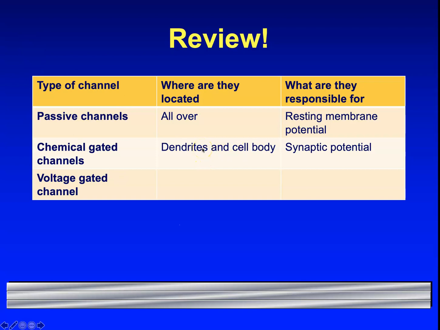Because if you think about it, a chemical, a neurotransmitter, is going to be released from the axon terminal and bind to the dendrites. And so when the chemical binds to the receptors on the dendrites, it opens up an ion channel. And these are going to be involved with something called synaptic potential, we'll talk about later. And finally, voltage-gated channels. These open up when you hit the magic voltage, which in neurons is about -55. So these are important in making action potentials. And those are going to be in the axon. They're going to be in the nodes of Ranvier and the axon hillock.